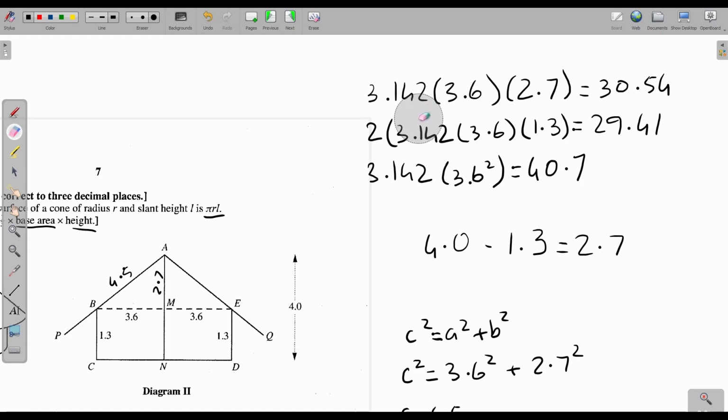Okay, I noticed a mistake I'm making, which is I forgot that this said slant height and not the normal height. So this is the slant height. What I actually need to do here is not have 2.7, but have 4.5.